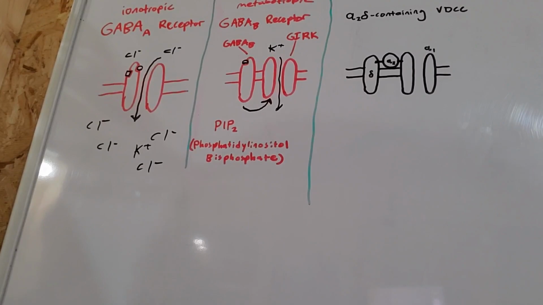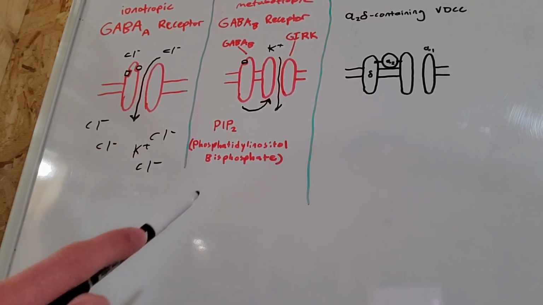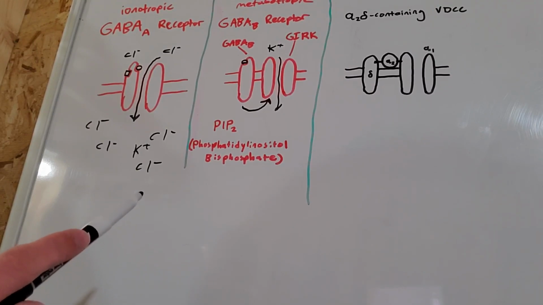And that might be counterintuitive because in my previous video, the NMDA receptors cause the influx of calcium, which increases the depolarization of the neuron and then increases the chance it'll fire. And it is a bit counterintuitive, but in the case of GABA-B receptors and their interactions with GIRKs, it's more of a stabilizing effect.